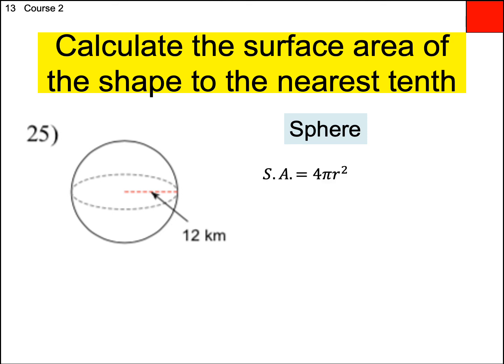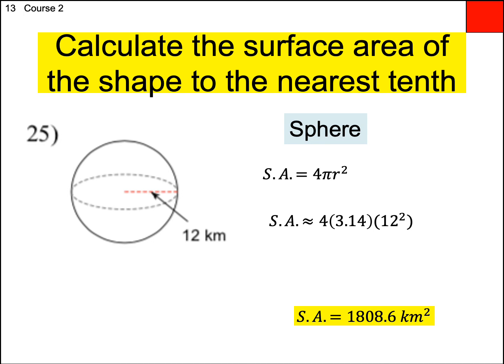So all we need is a radius, and guess what? They give us the radius. Notice I put the approximation symbol because as soon as you change pi from a symbol to 3.14, you are rounding. So 4 times 3.14 times 12 squared, or 144, gives us the final answer, which is 1,808.6 square kilometers.